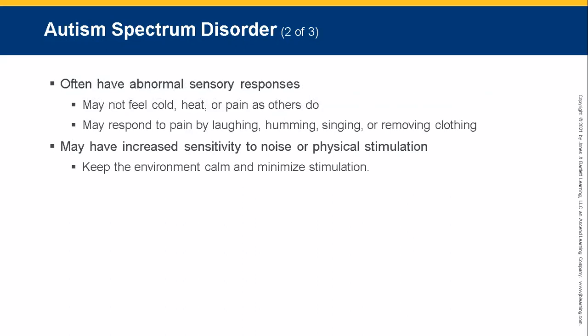They may not feel cold, might not feel hot, they might not feel pain the way other people do. They may respond to pain by laughing, humming, singing, or removing clothing. They may have increased sensitivity to noise or physical stimulation. So you have to be very careful how you manipulate things in their environment and how you make contact with these patients.